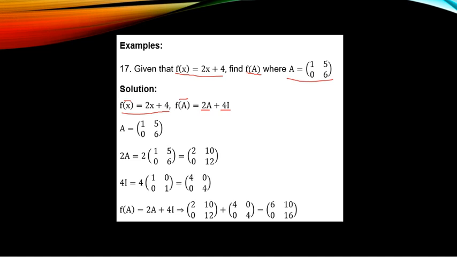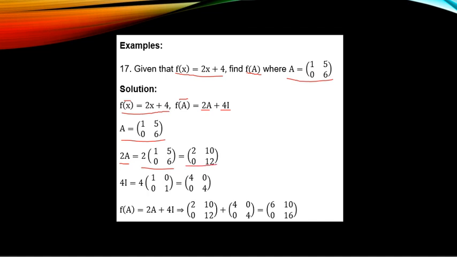All right, this is matrix A now. Then you have to look for 2A. So 2A is 2 times matrix A. So this is scalar multiplication. When you have 2 times 1, 2, 2 times 5, 10, 2 times 0, 0, 2 times 6, 12. That is this matrix.